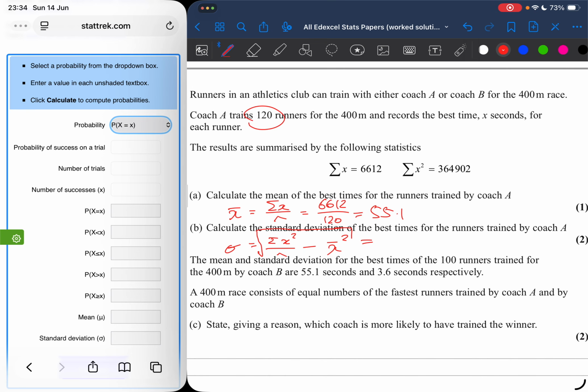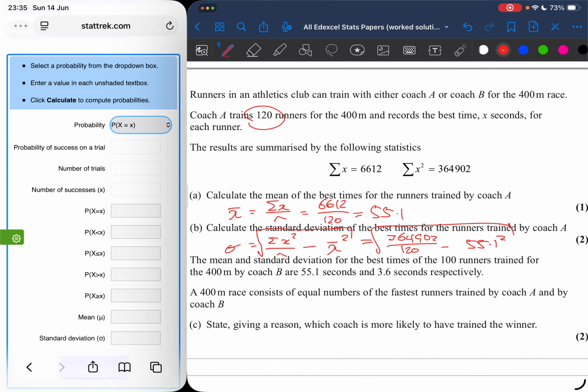Let's fill in all of our numbers then. It's going to be that big one, isn't it? 364,902, over how many there were, 120. And then we take away the number we just found, 55.1, give it a square, and whack a square root around the whole thing.